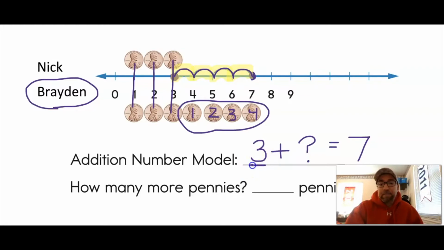Here's our 3. We put a dot at 7. Here's our 7. And we had to find how many hops we made. And we made 4 hops. How many more pennies? 4 pennies more. 1, 2, 3, 4. Awesome job.